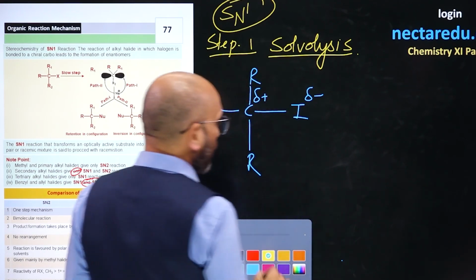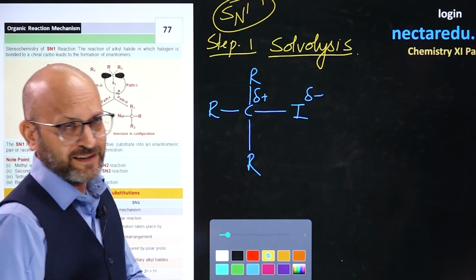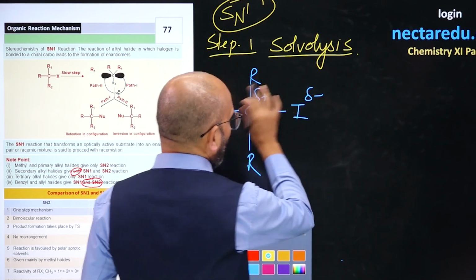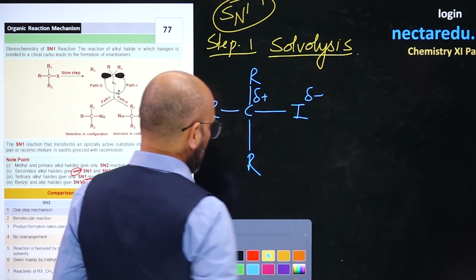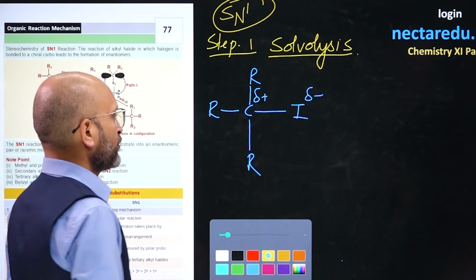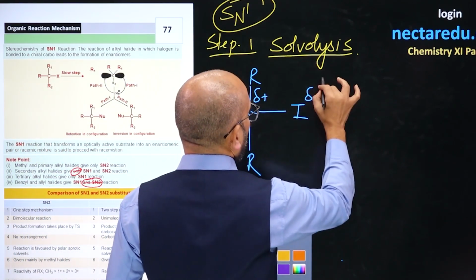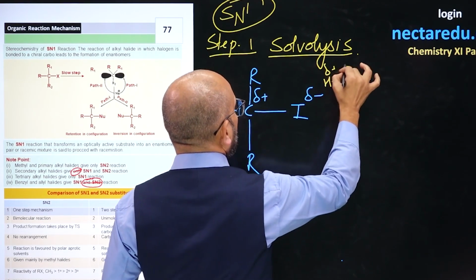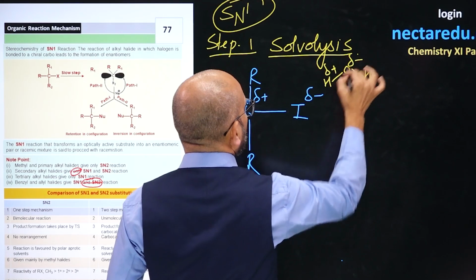Let's say this reaction is happening in an aqueous medium. So water will surround this carbon as well as I minus, depending on what kind of charge it is. The hydrogen end of water has partial H plus, and oxygen has partial negative.